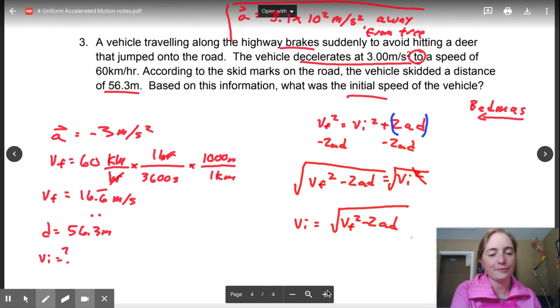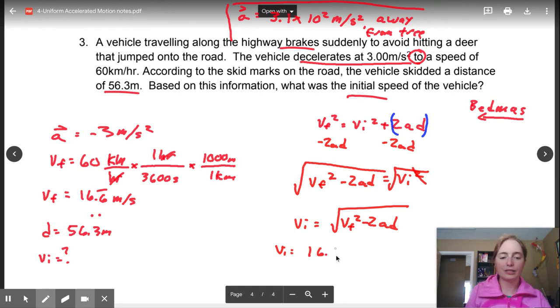Cool beans? Now that we have our equation rearranged, I am going to plonk my numbers in. My VF is 16.66 repeating. Ladies and gentlemen, use that entire number in your calculator. Go back on your fancy graphing calculator, scroll back, hit enter, square that answer.